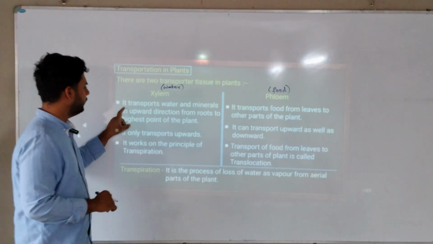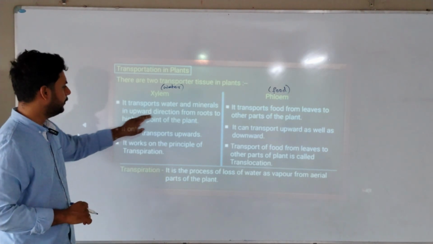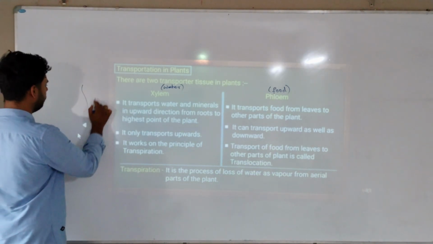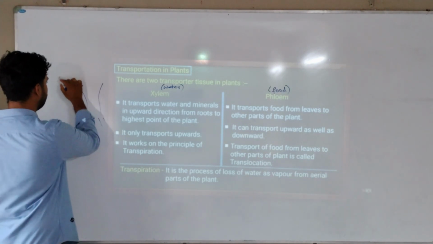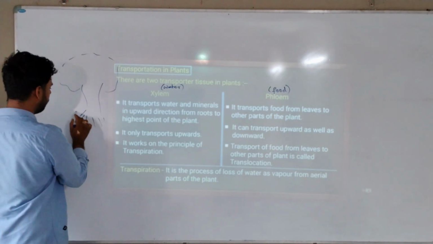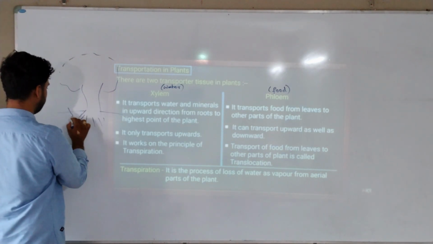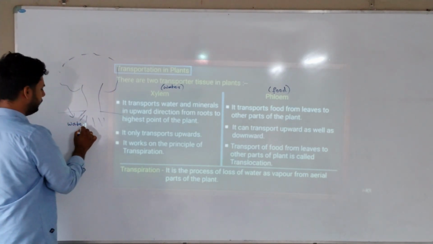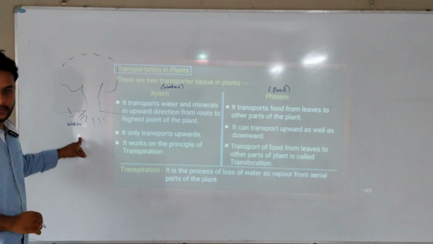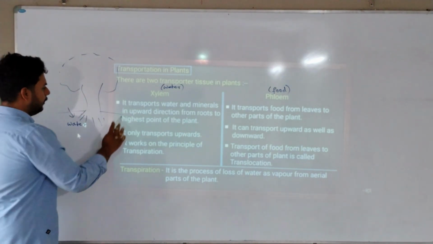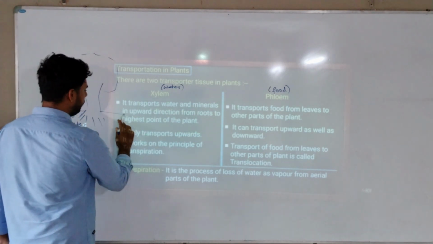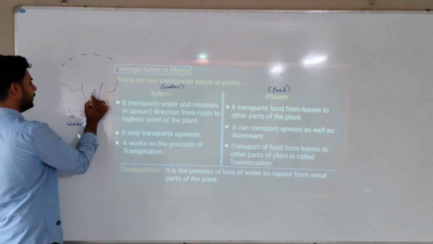Xylem means it transports water and minerals in the upward direction. Now see here, this is a tree. Think. These are its roots. Here water will be there. Yes or no? It transports water and minerals in the upward direction. So water should go in this direction or no?